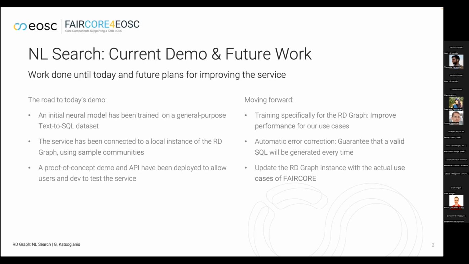We have connected our service to a local instance of the RDGraph, and the demo we are showing uses sample communities and not the actual communities of the project, which will be added later on. And finally, we will see a proof of concept demo to give you a feeling of what this service can do and to allow everyone to play around with it and help its development.